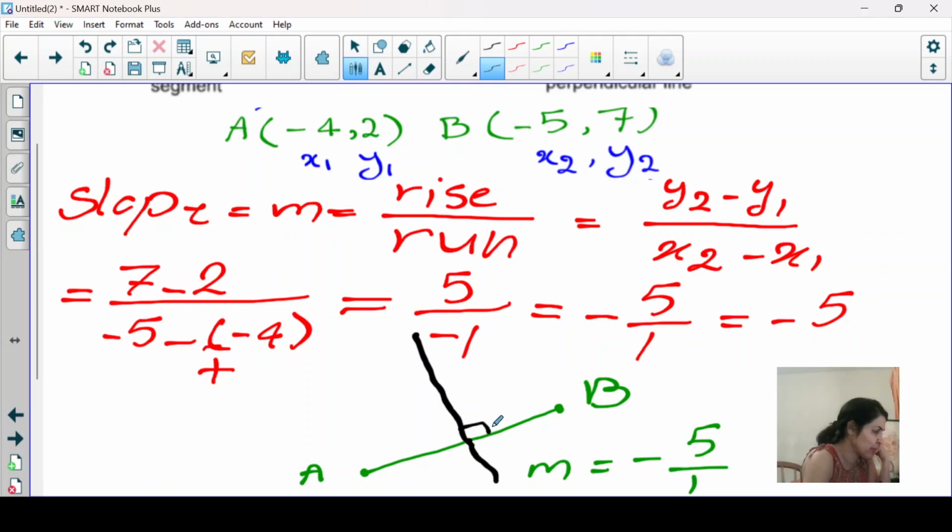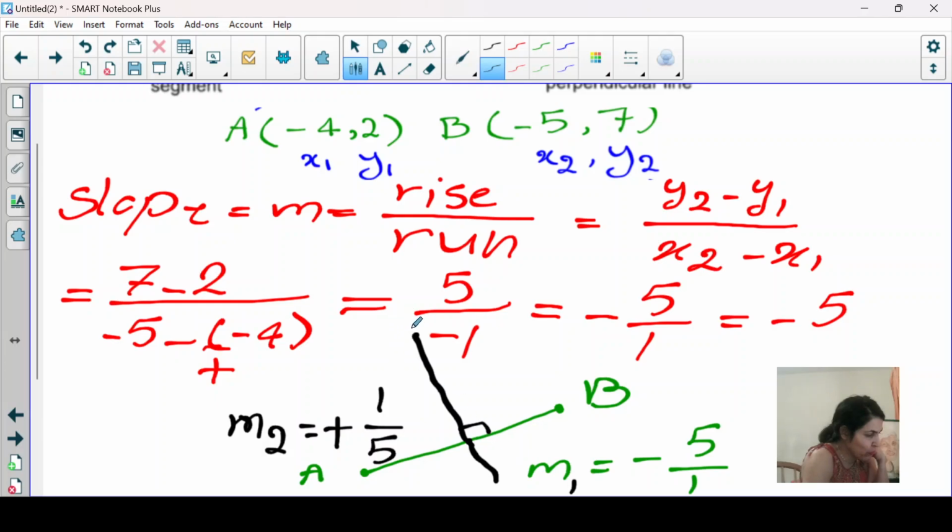This angle is 90. The slope of this is M1 and we call this M2, equal to the negative reciprocal of this. Negative times negative is positive, and the reciprocal of 5 is 1 over 5.